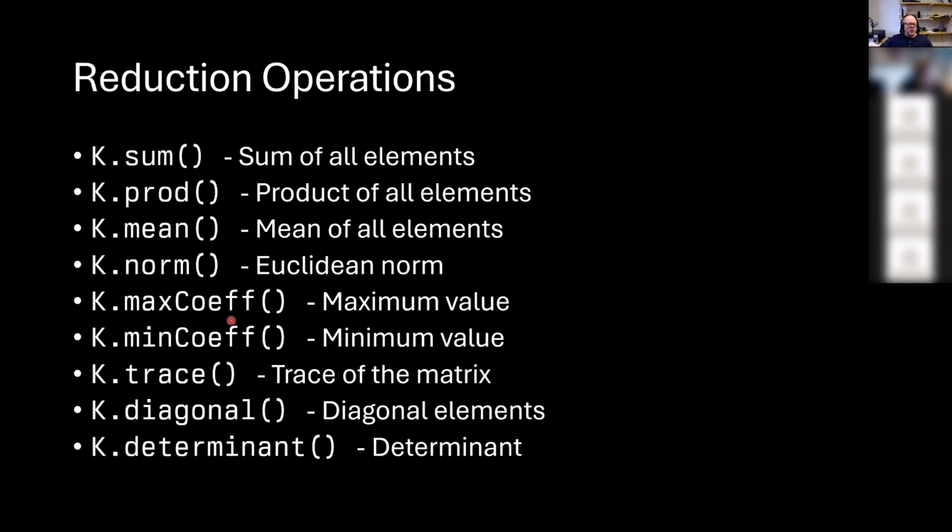Fortran has a max method here, but in Eigen it's called maxCoeff, and that will return the max coefficient in the array, and min will be the minimum coefficient of the array. Trace will return the trace, diagonal will return the diagonal elements, and determinant will calculate the determinant.